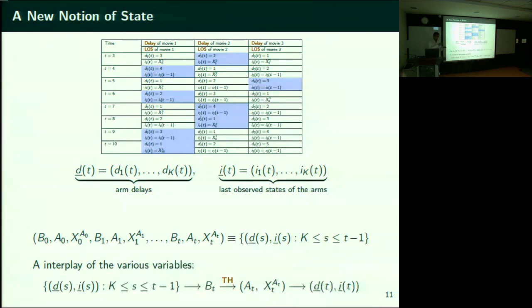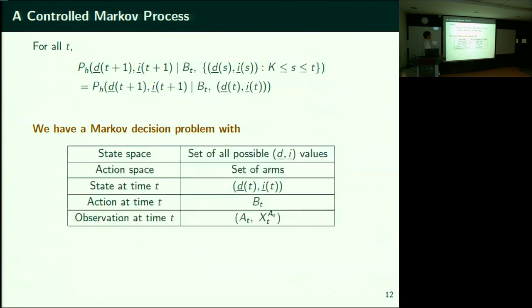Remember, this is not the state of only one arm or anything of that sort. It's a state of the full multi-armed bandit system. So this system is in a certain state. You apply a certain action to it, a control, which is your BT. Your hand trembles, something happens inside and out comes A_t, X_t^{A_t}, and the system state itself changes. System state changes, apply a new action, system state changes, apply a new action. This keeps happening. So we have a very nice Markov decision problem.